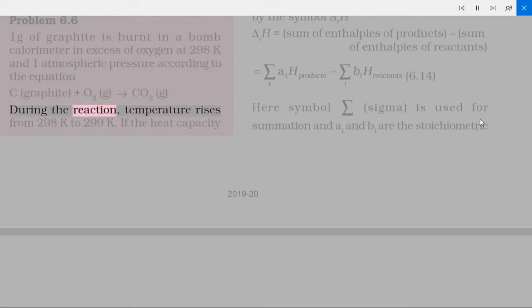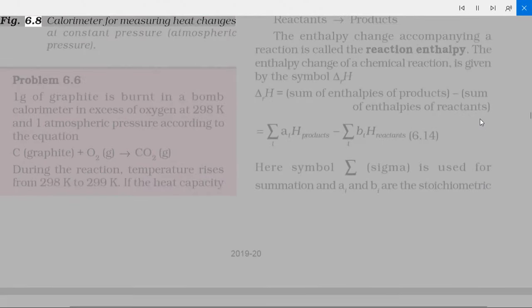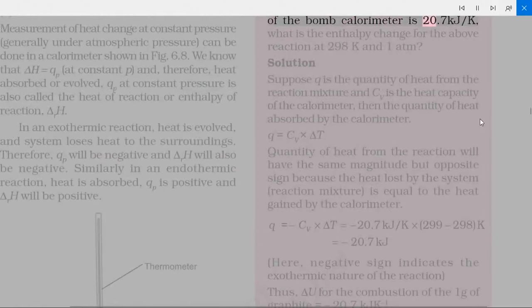During the reaction, temperature rises from 298 K to 299 K. If the heat capacity of the bomb calorimeter is 20.7 kJ/K, what is the enthalpy change for the above reaction at 298 K and 1 atm?